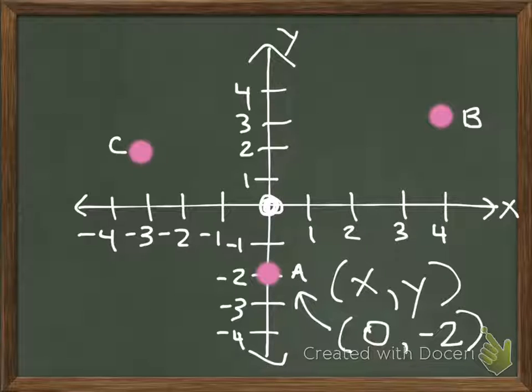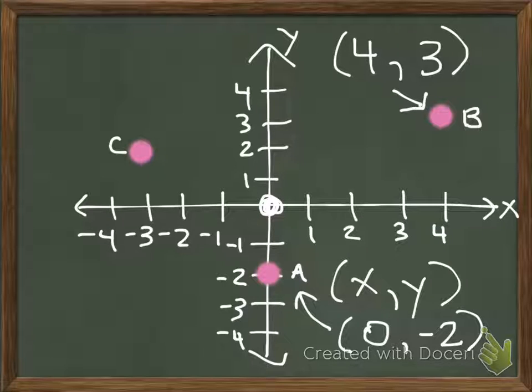So we're going 4 from that point to the right for my x coordinate, and then I'm going 3 up for my y coordinate, which gives me 4, 3 for letter B. And then for letter C, from the origin, the white point here in the center, we're going to go 3 over to the left, which makes my x coordinate be -3, and then 2 up on the y-axis, which gives me my y-coordinate to be +2. So that is for letter C.